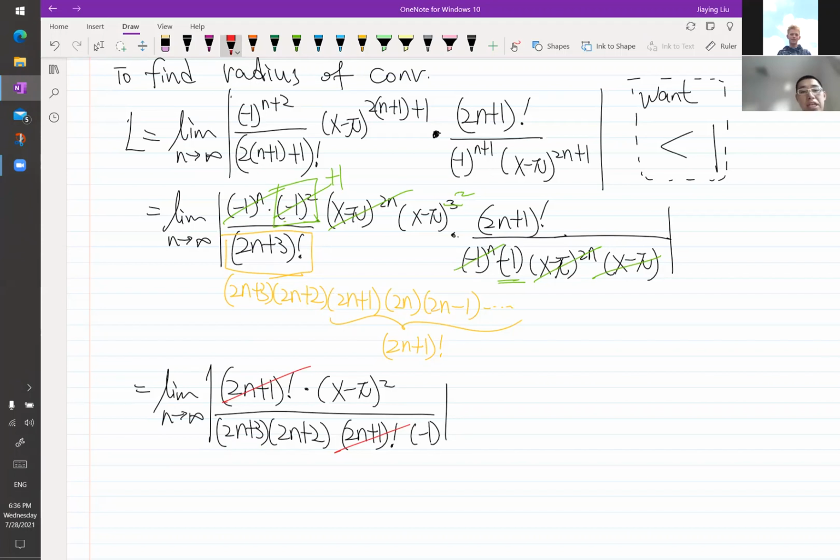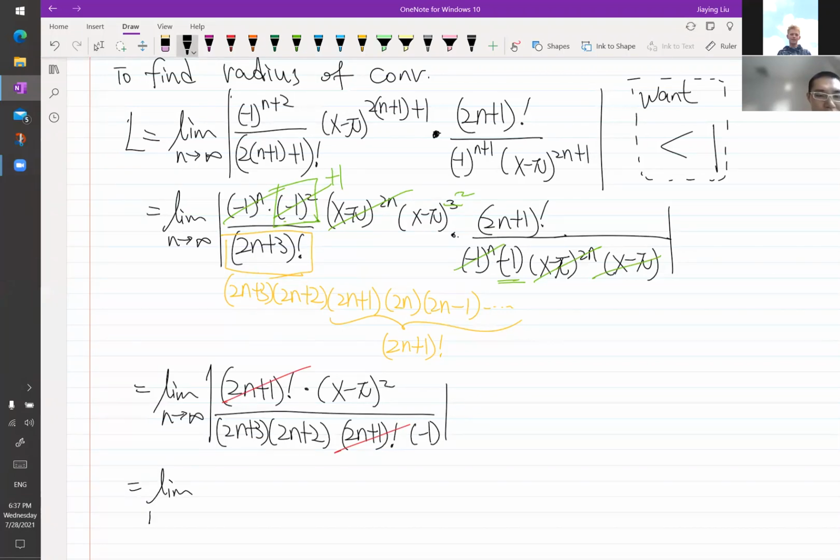And then the rest is about taking limits. As n goes to infinity, only the terms with n will be affected. The terms with x and the constants are not affected when we take the limit. So we can separate all the terms that don't depend on n and put them aside before we evaluate the limit.